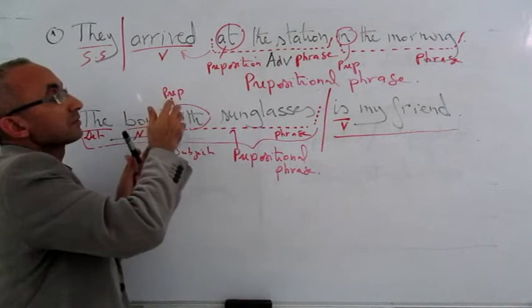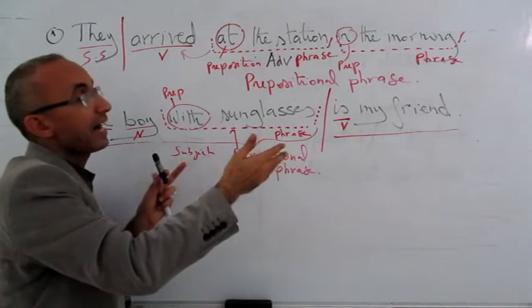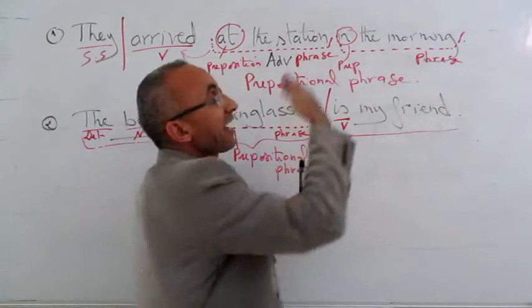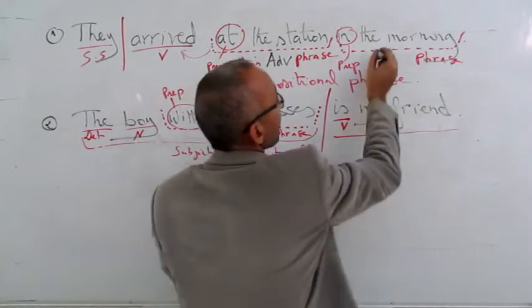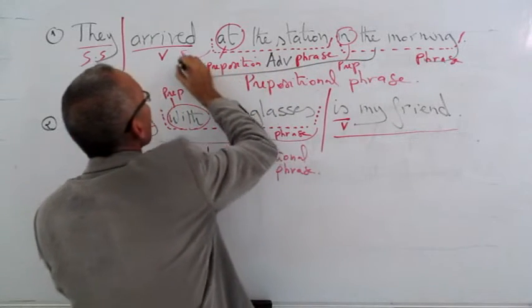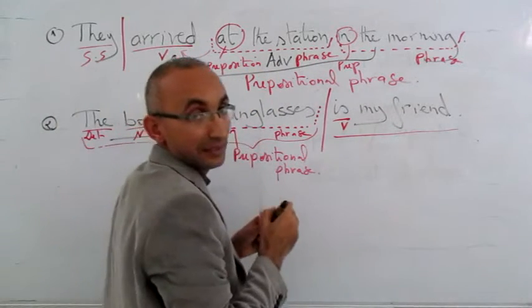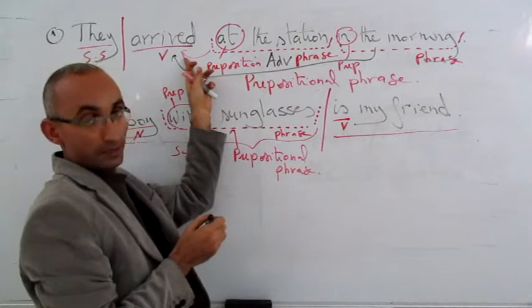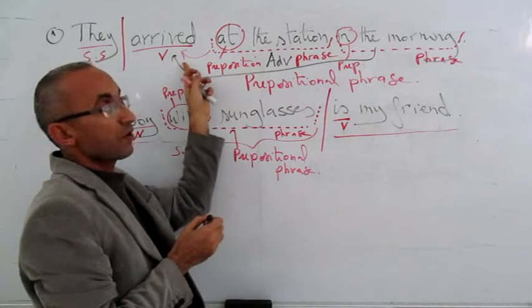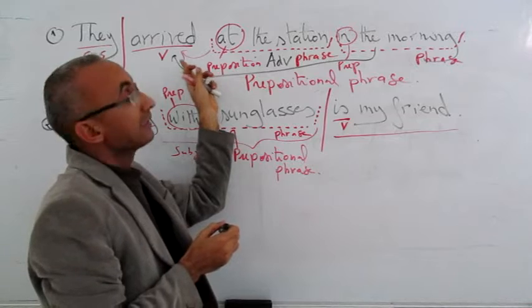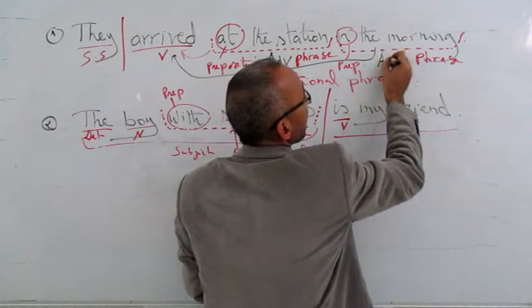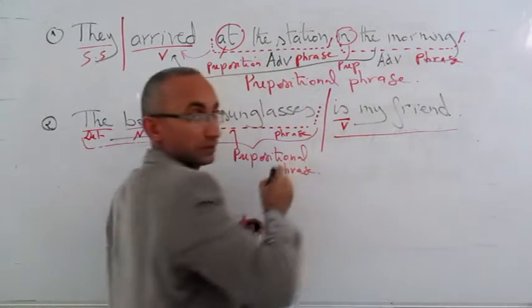They arrived when? Here also I have another phrase which indicates time, clear, and which is also related to the verb arrived. As it is related to the verb, it modifies the verb, and as it is the answer of when, clear, this phrase also acts as an adverb.